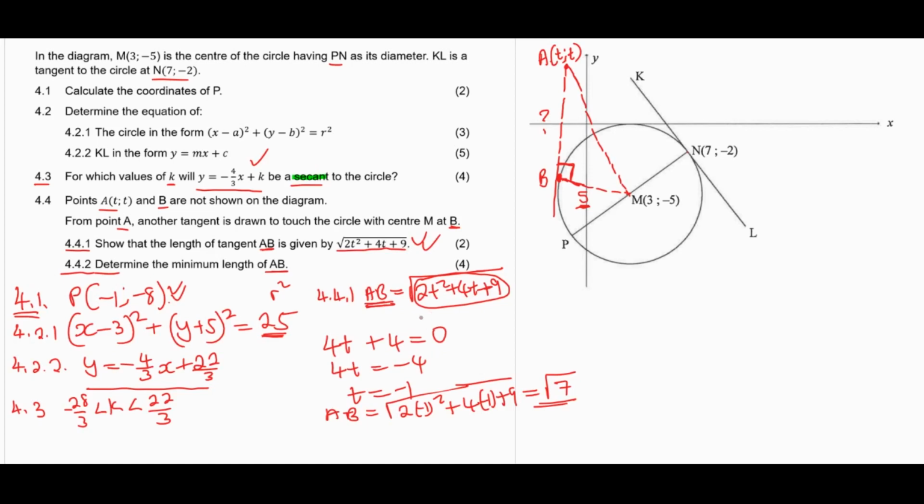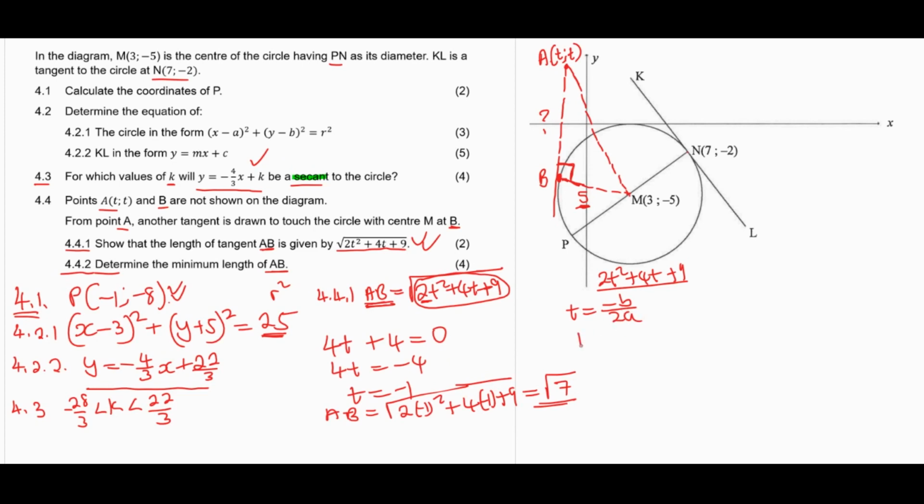The other way to do it, we can use the axis of symmetry for a parabola. This parabola is concave up because the value of a here is positive. So we have our 2t squared plus 4t plus 9. Then this is parabolic, so we can use t is equal to negative b over 2a, the axis of symmetry.